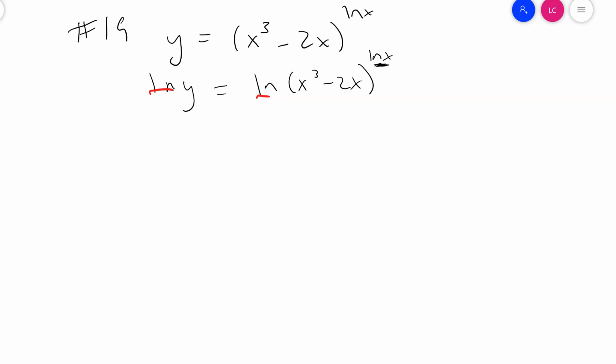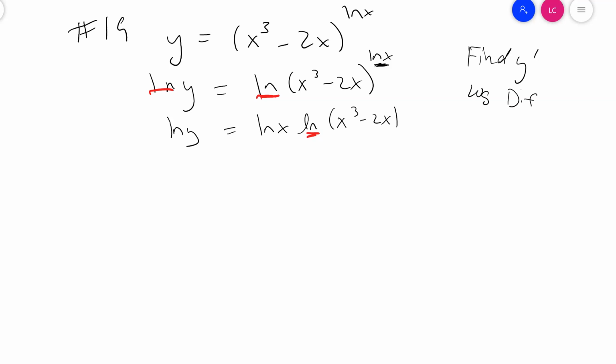Then move this exponent down in front using the log properties, right? So this ln here is this ln here, and then this one stays here. Now I'm ready to take the derivative because the question said find y prime, and I'm using log diff, which means take the ln first, then find the derivative.